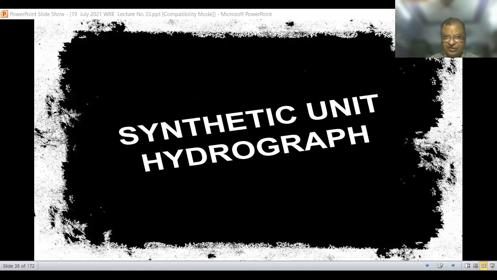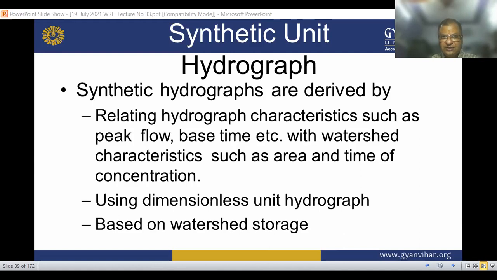Now, synthetic unit hydrograph. What is a synthetic unit hydrograph?